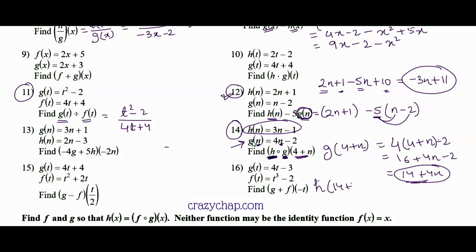So that gives 3 bracket 14 plus 4n and minus 1. 3 times 14 is 42, plus 12n, minus 1, which is 41 plus 12n. So that is my answer, guys. I hope it is clear.